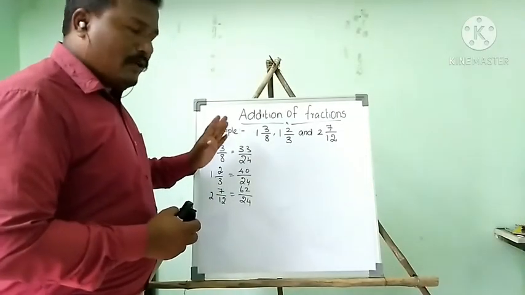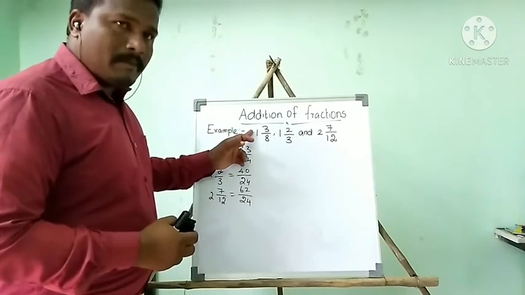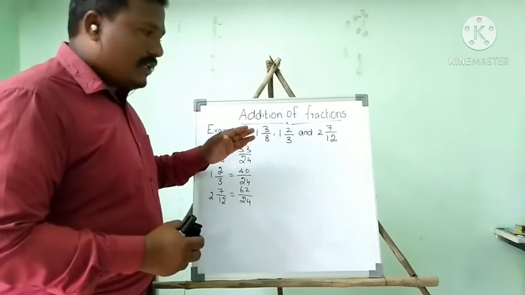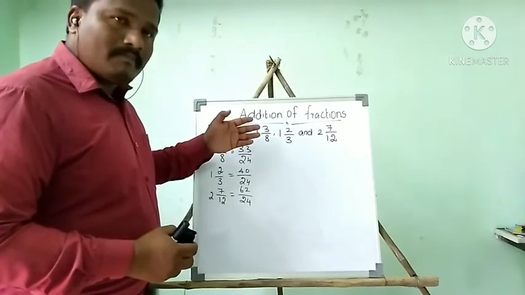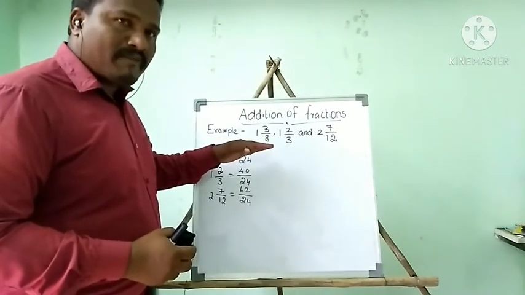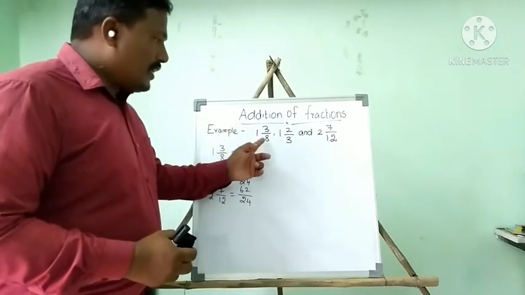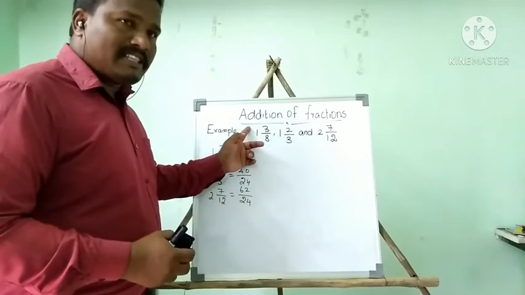We know it's a mixed fraction. First, we have to convert it to an improper fraction, right? So I have to do cross multiplication.